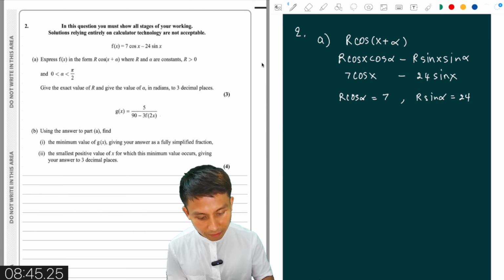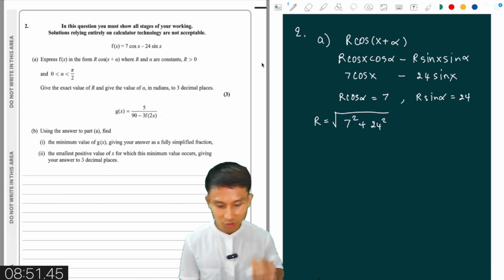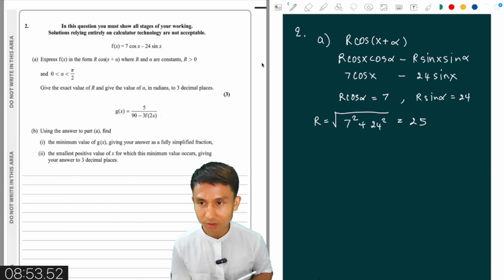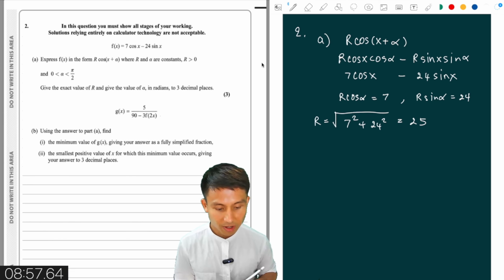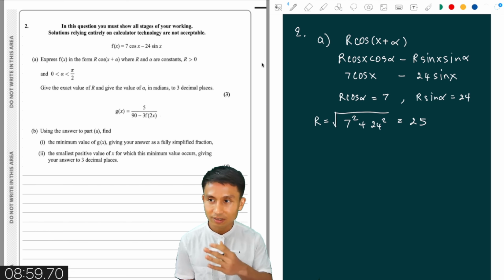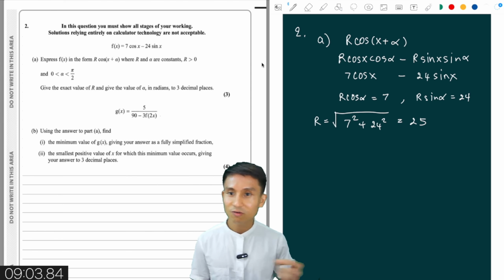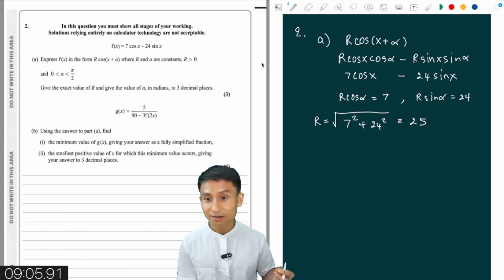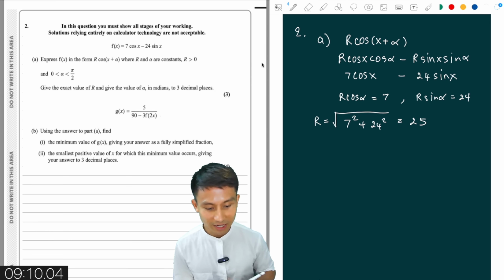So of course we can find r first by doing Pythagoras for both of the numbers there, and surely you will get 25 because I happen to remember 7, 24, 25 for the Pythagoras triangle. I prefer to get r first because usually you need to get r in exact form. Alpha can be in radians, to 3 decimal places, and it's even saying here that r needs to be exact. So I got r first here, and then I just pick one of them, substitute r in.